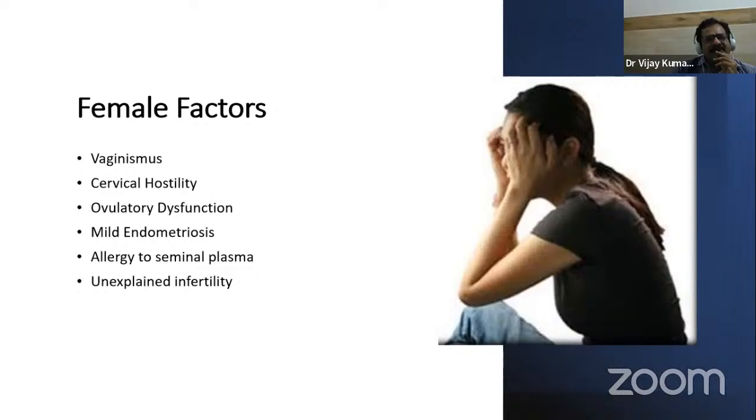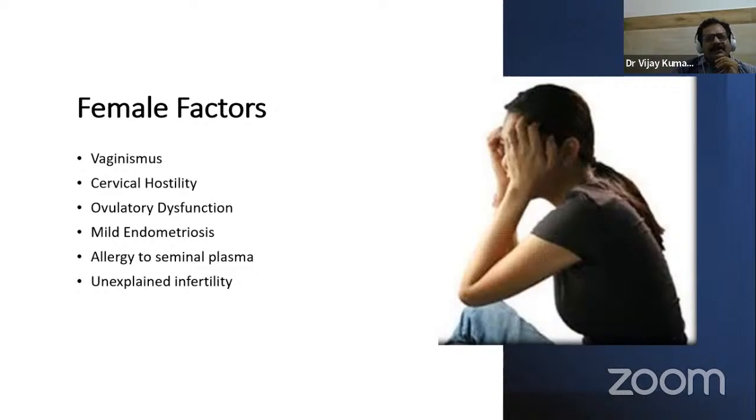In such cases, the patient may be having oligomenorrhea, and some patients may have a regular cycle. In such patients, the ovulation would not have been happening. So, by doing ovulation induction with IUI, this problem would be taken care of.